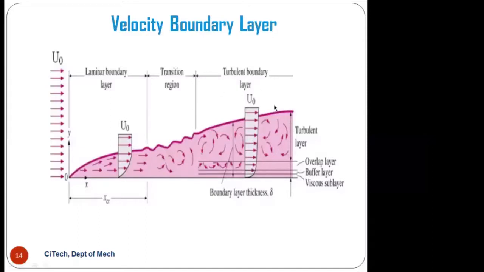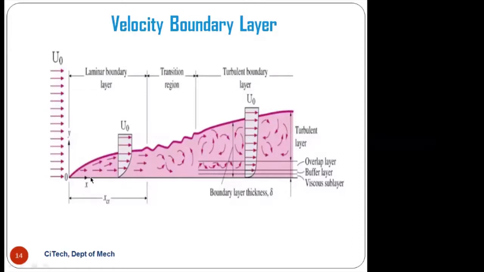We already discussed this, and once again we need to discuss the meaning of the velocity boundary layer here. U naught is the initial velocity, or the velocity of the flow. At the start the flow is laminar, then transition flow, then turbulent flow.